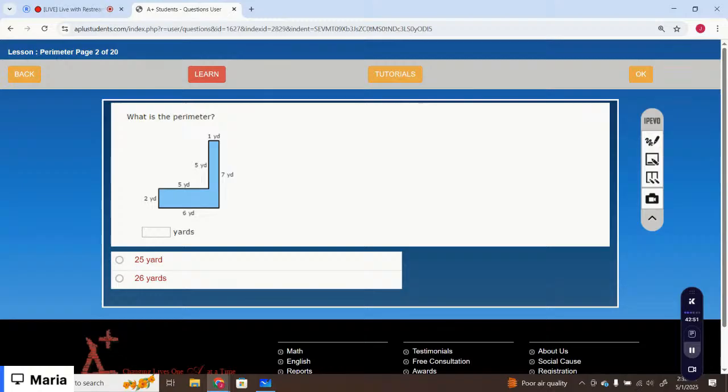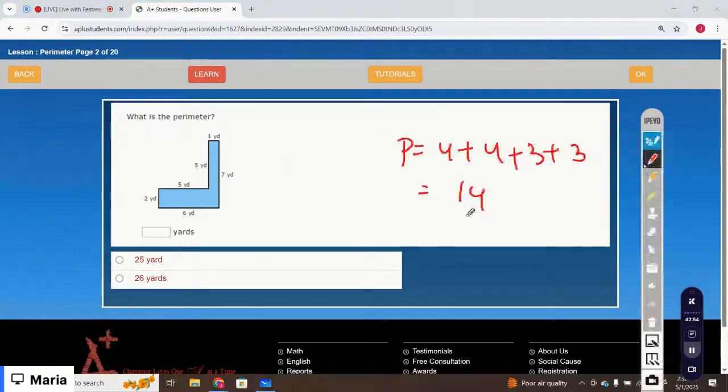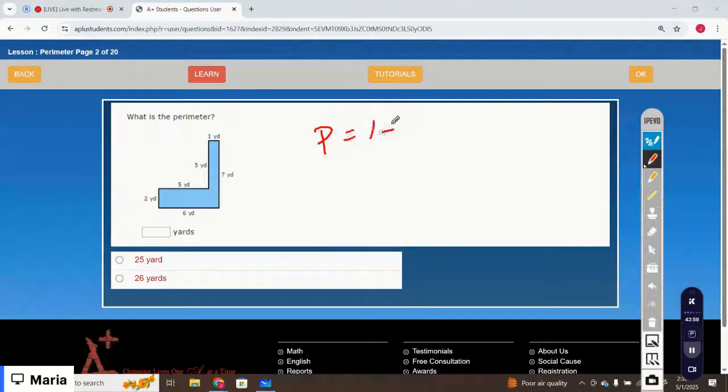What is the perimeter? Just add all the side lengths. So too many sides: 1 plus 7 plus 6 plus 2 plus 5 plus 5. So which is the correct option?